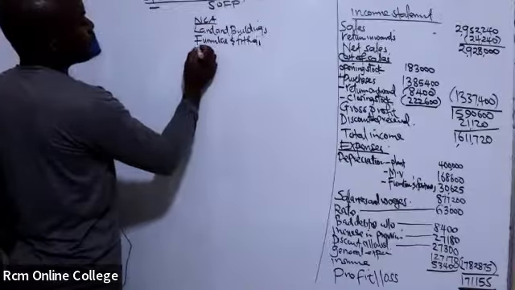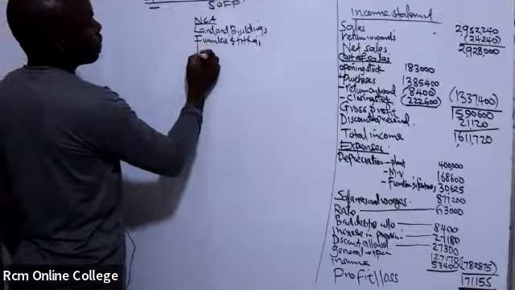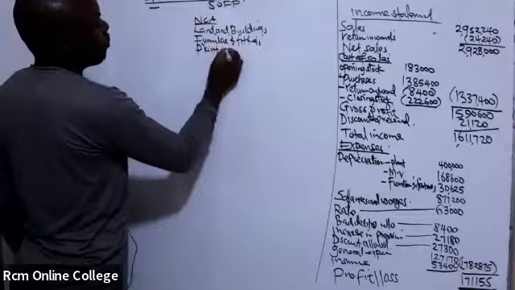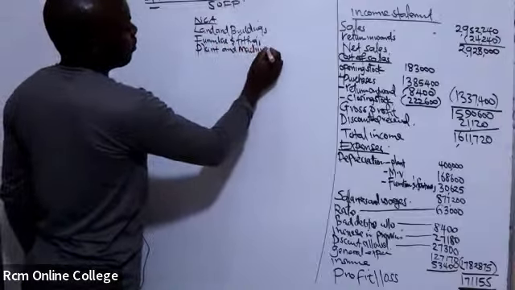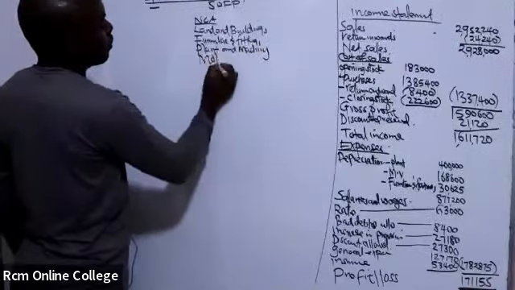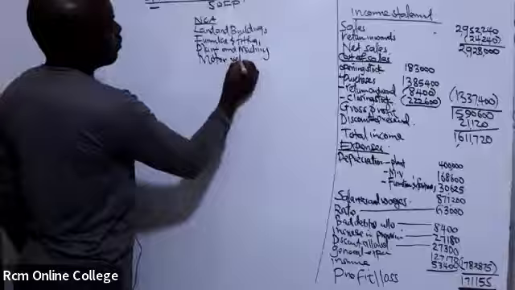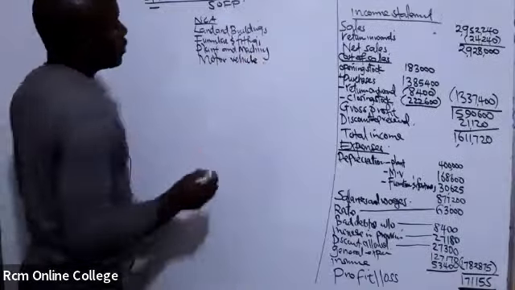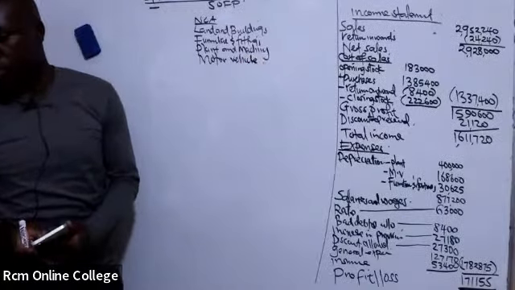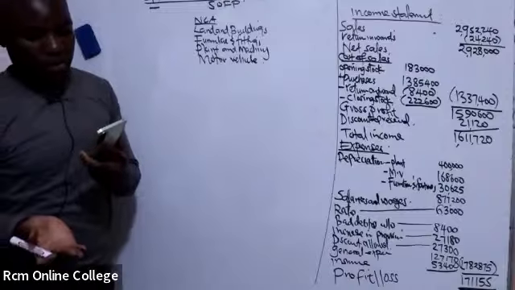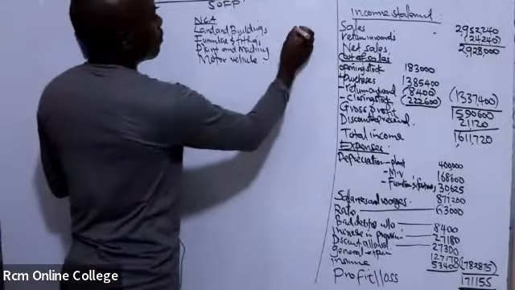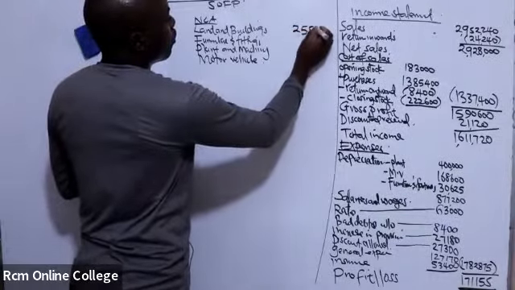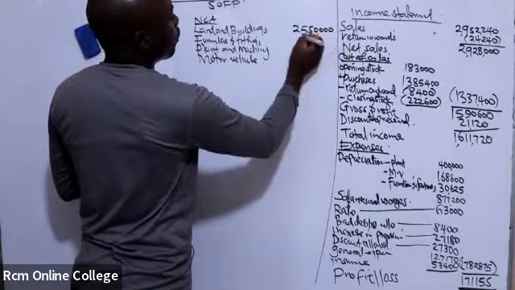We add plant and machinery. Then we add motor vehicle. Land and buildings was not being depreciated, right? So just put the figure, land and buildings 2550. We just copy and paste.